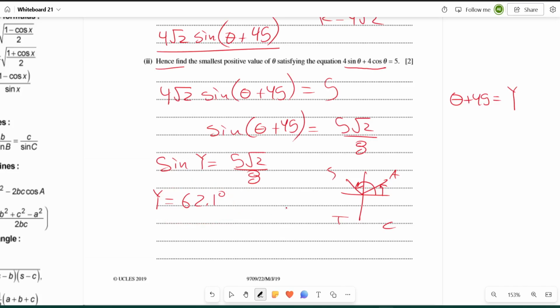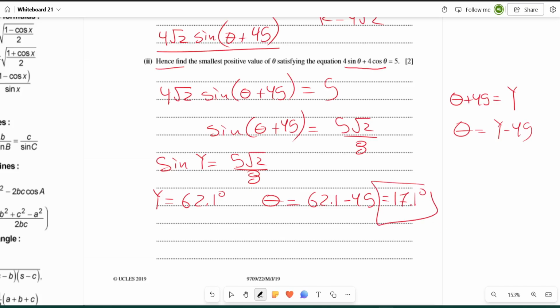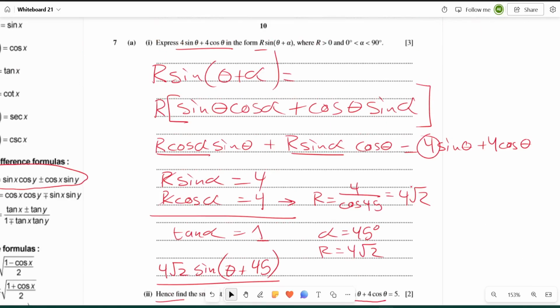So that's the smallest positive answer for y, which is going to be the smallest positive answer for theta as well. So theta is equal to y minus 45, so 62.1 minus 45. My final answer is going to be 17.1 degrees. That is my final answer for this question.